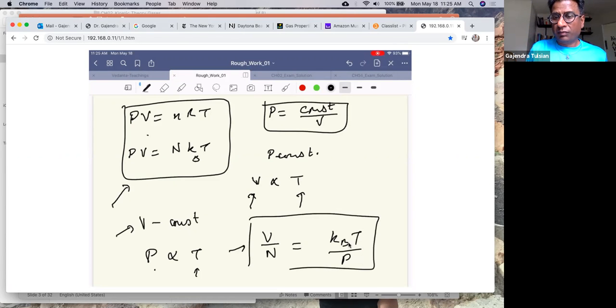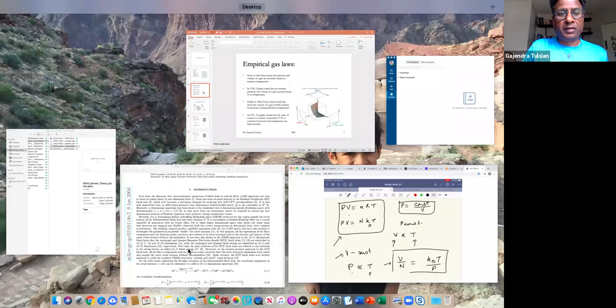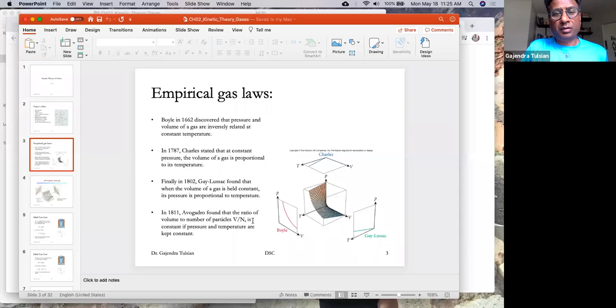If temperature and pressure are kept constant, then V over N is constant. And that's how the ideal gas law was discovered over a span of about 150 years.